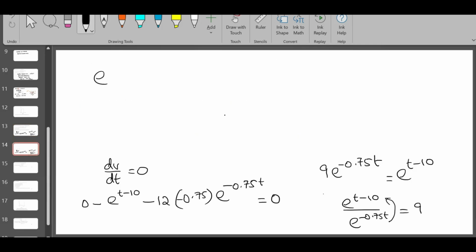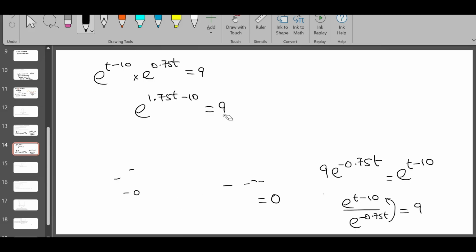So it's going to be e to the power t minus 10 times e to the power 0.75t is 9. When you combine it, e power 1.75t minus 10 is 9. When you remove e power, the other side becomes ln, right? So 1.75t minus 10 is ln 9.